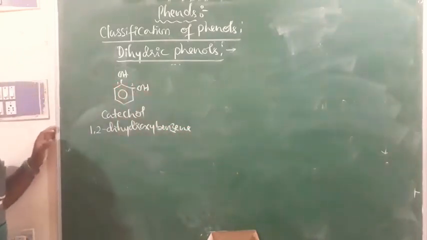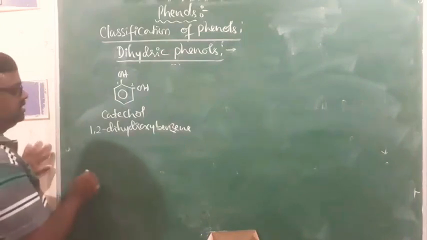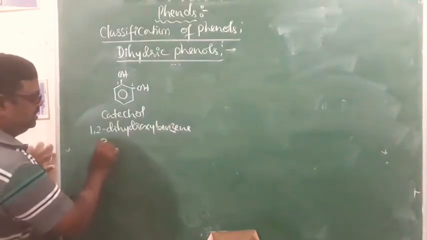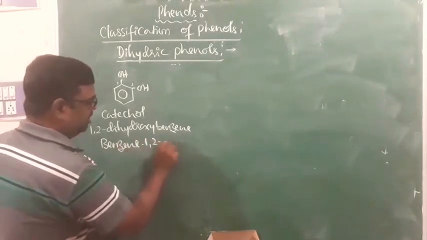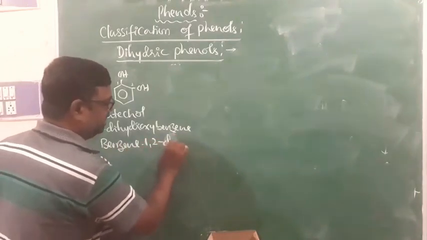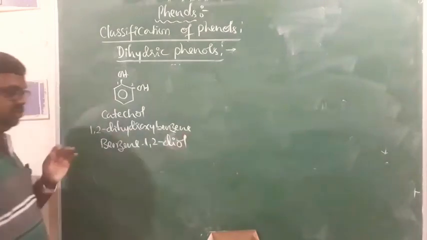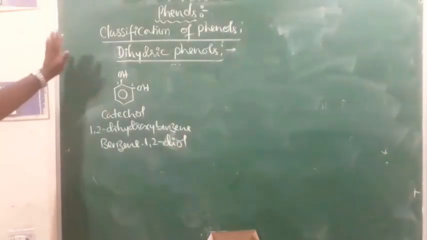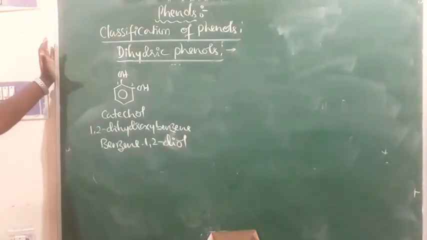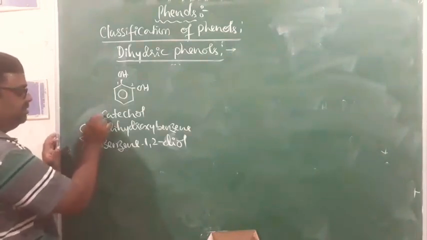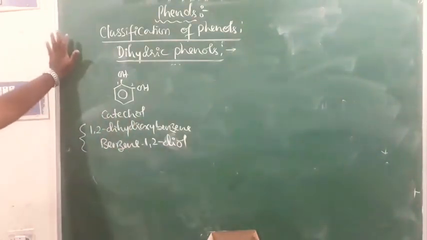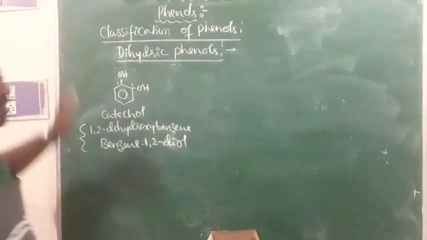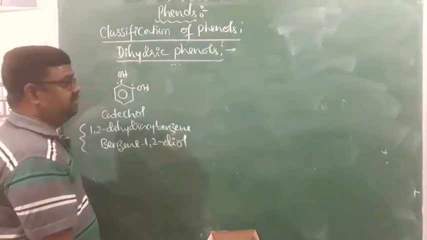Or it is benzene-1,2-diol, because we have 2 OH groups. These two are IUPAC names, and catechol is the common name. This is what we call a dihydric phenol.